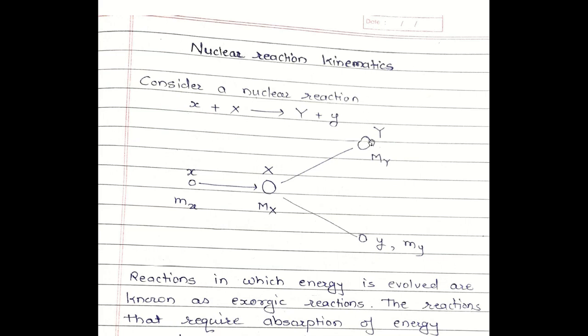The velocity of the product nucleus is the sum of two components, one along the horizontal x-axis and another along the y-axis, in the vertical direction.